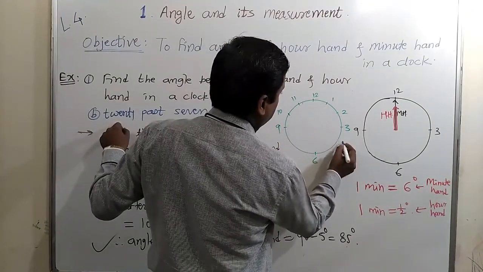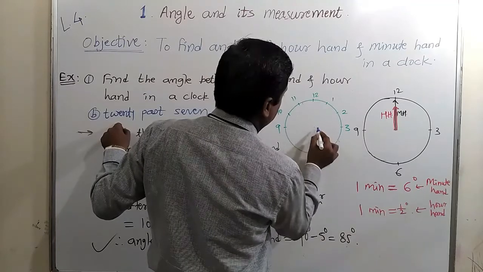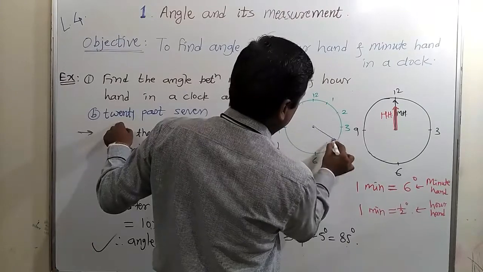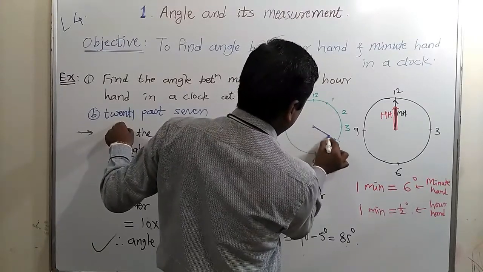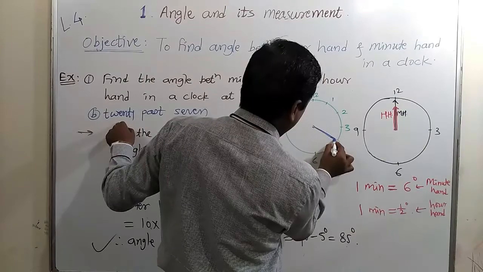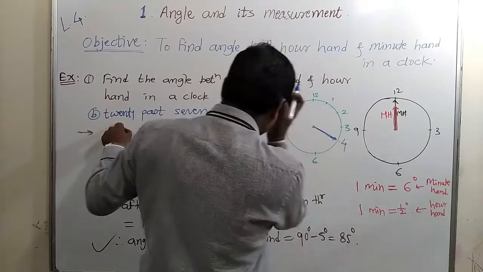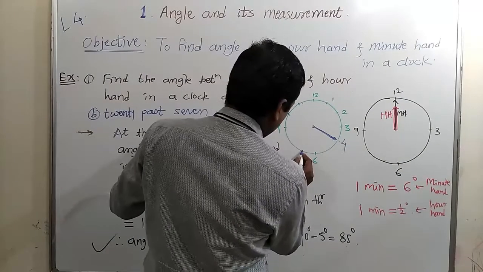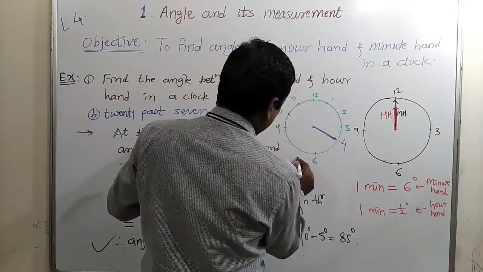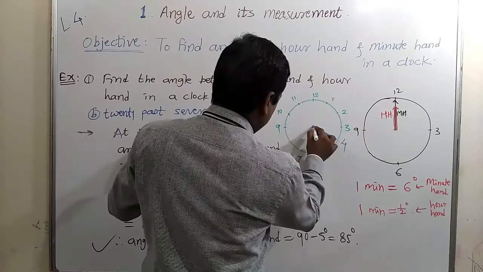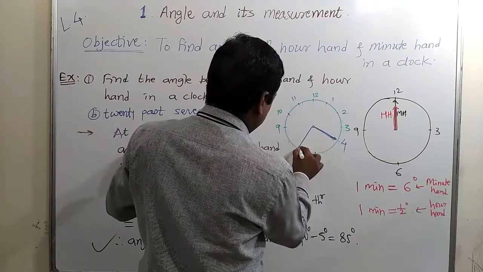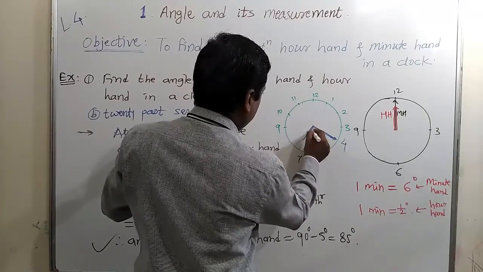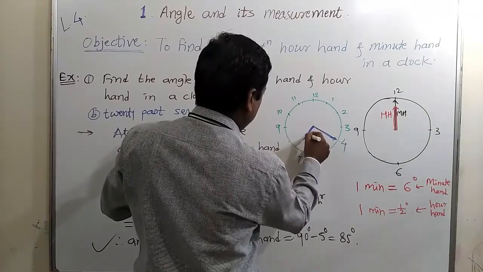So the minute hand will be at this 4. It will point at 4, and past 7 means after 7. So our hour hand will be between 7 and 8.